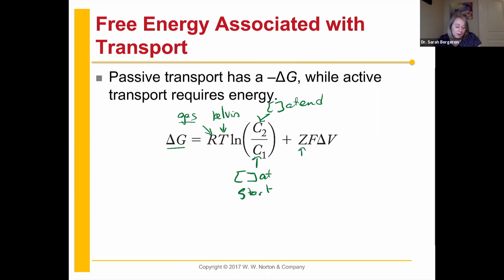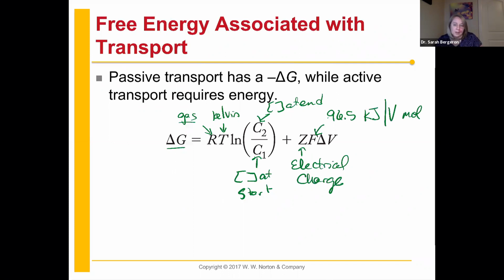Z here is our electrical charge. So if you are, let's say, transporting an ion, it's going to be the ion's charge right there. That'll be Z. F is Faraday's constant. Faraday's constant, if you don't know, is 96.5 kilojoules per volt mole.